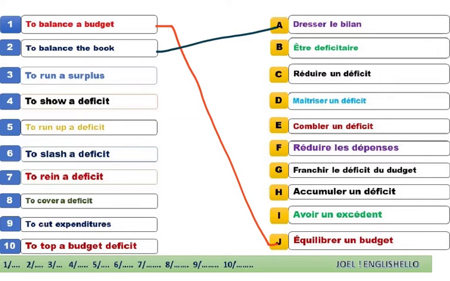To run a surplus, avoir un excédent. To show a deficit, être déficitaire. To run up a deficit, accumuler un déficit.